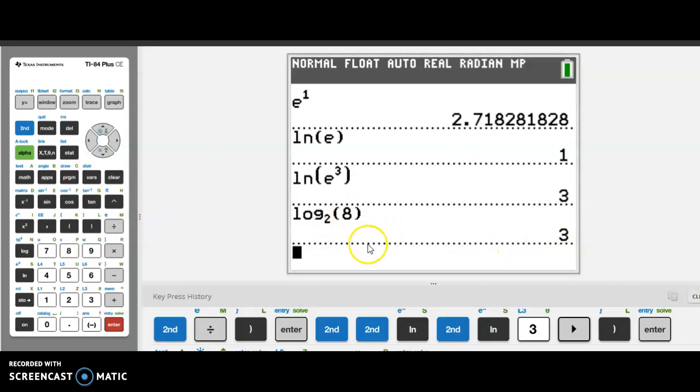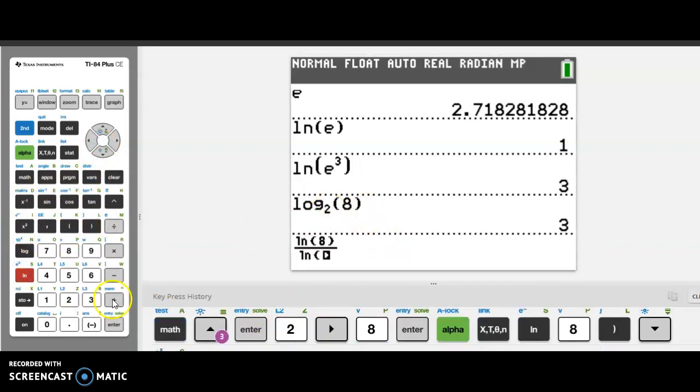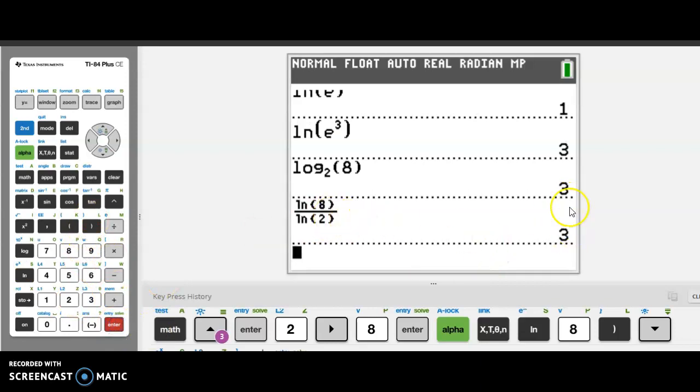Okay? But what you could do is make a fraction and do natural log of 8, the number, divided by natural log of the base 2. And when I hit enter, I get the same answer. And this works for any log base. So if you have a calculator that does not do log base whatever, then you can do this.